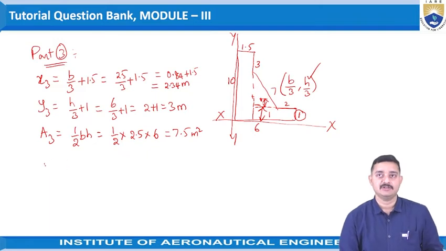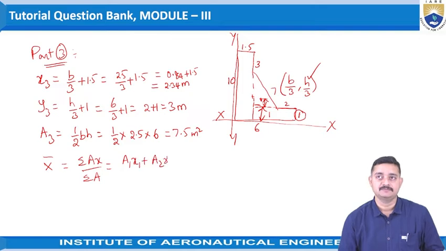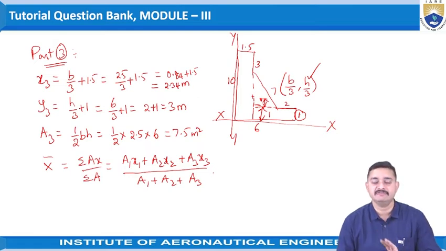First let us write down the formula: x bar is equal to sigma Ax by sigma A, which is A1x1 plus A2x2 plus A3x3 by A1 plus A2 plus A3. We have taken only 1, 2, 3 because the given figure has been divided into 3 parts.